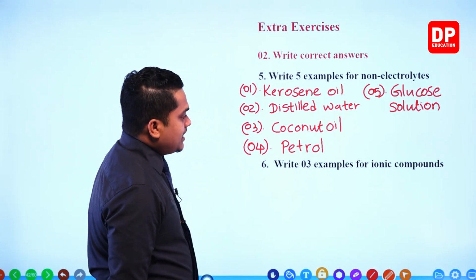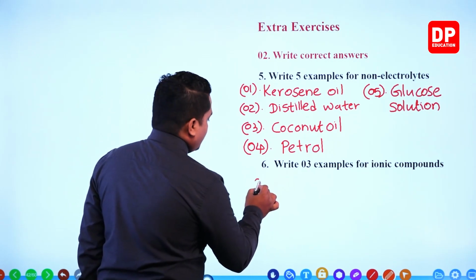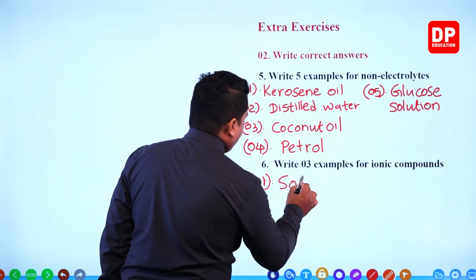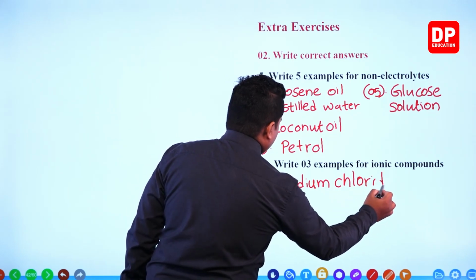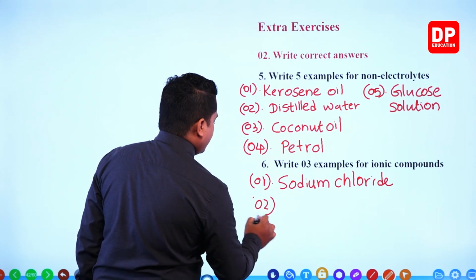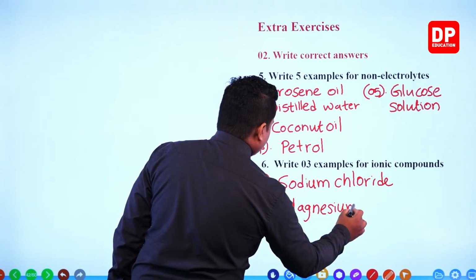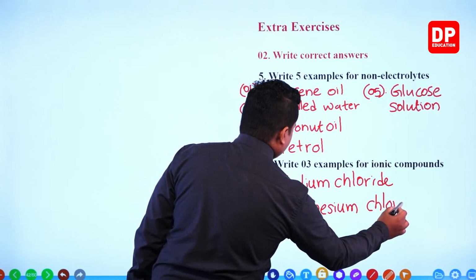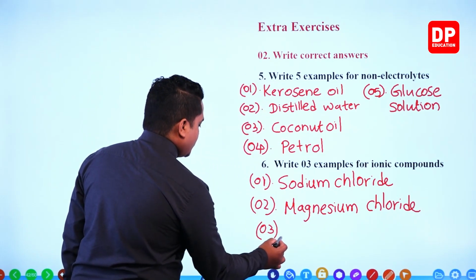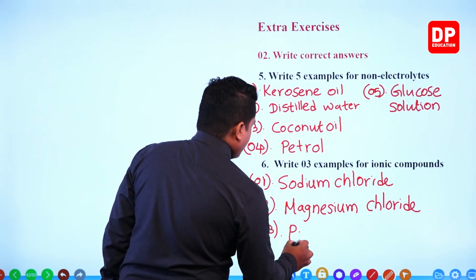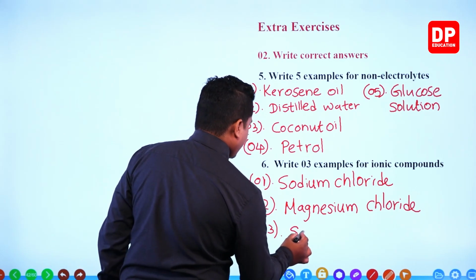Right. Write 3 examples for ionic compounds. So, sodium chloride. Magnesium chloride. Then potassium nitrate or else sodium nitrate.